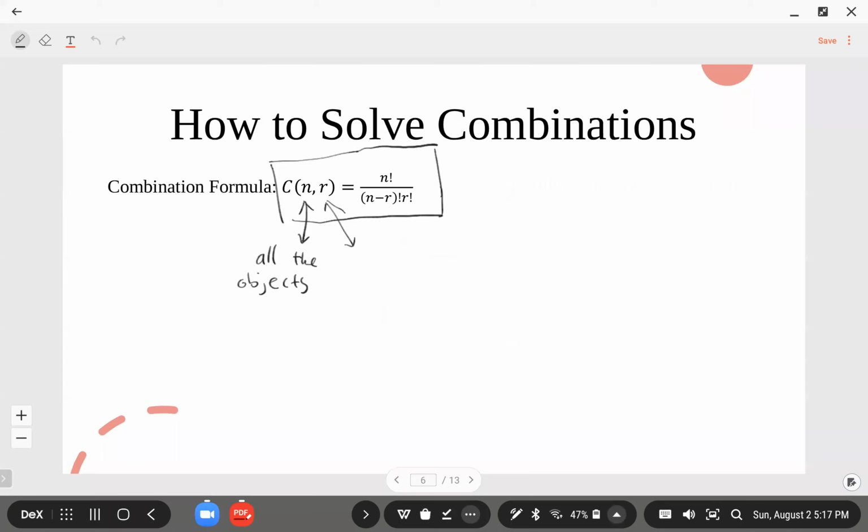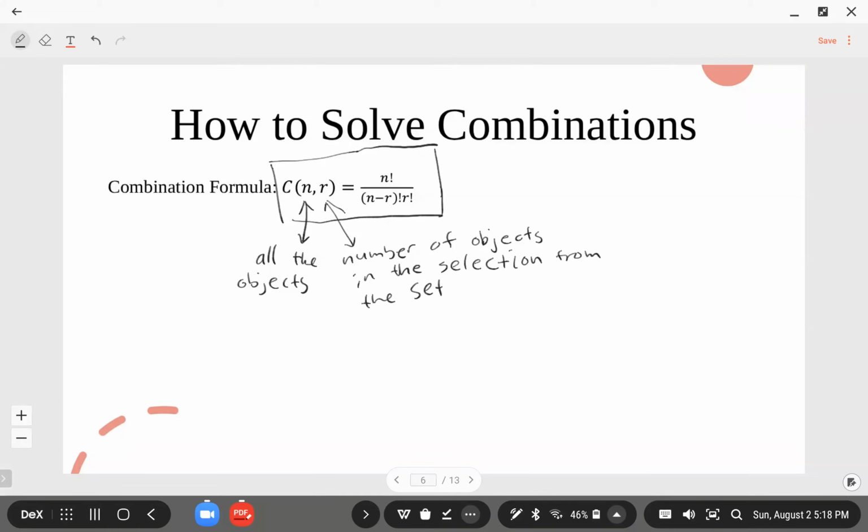The R is the number of objects in the selection that you're picking from the big set, okay? Okay, so the number of objects in the selection from the set.